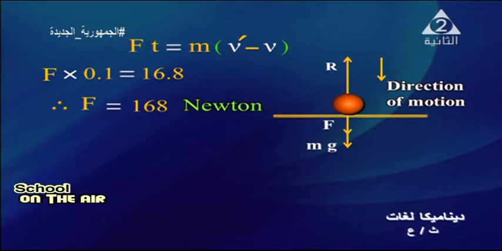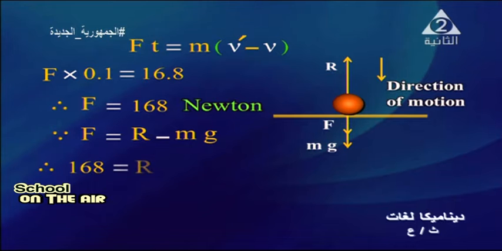And the ground acts on the ball by the reaction R, vertically upward, or in the opposite direction of motion. Then from the opposite figure, R equals F plus mg, or F equals R minus mg.